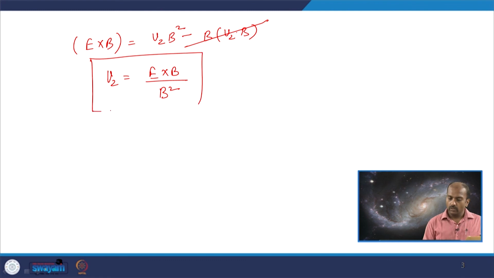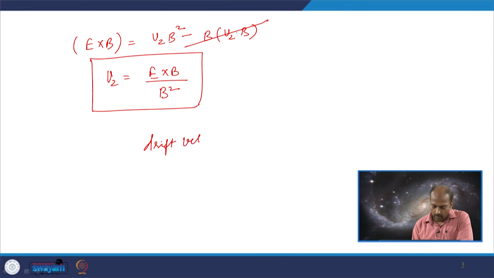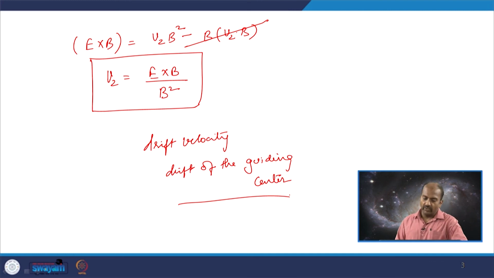This is called the drift velocity, or drift of the guiding centers. Whenever there is charged particle movement in the presence of an electric field, we call the velocity that is attributed to the particle the drift velocity. So, this is the drift velocity attributed to the guiding center.